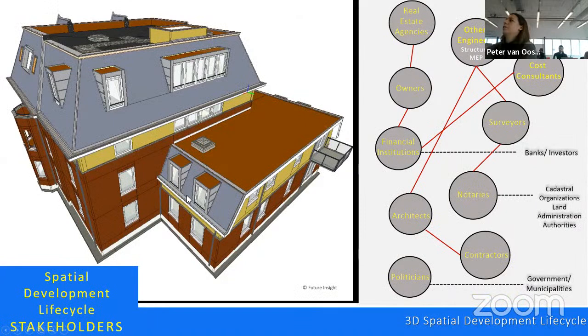So about the stakeholders, for example, in this building or in any kind of building, I try to depict here the various stakeholders that usually appear. We have the real estate agencies, the owners, and the engineers, both the architects, the surveyors, and other engineers, structural, mechanical, etc. You have the banks. Sometimes, if we talk about a big investment, you may also have cost consultants.